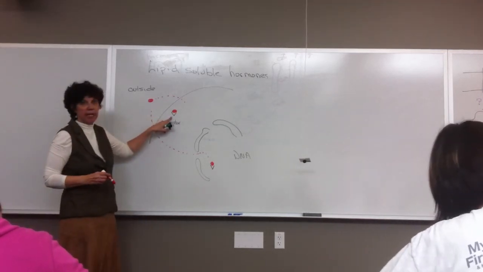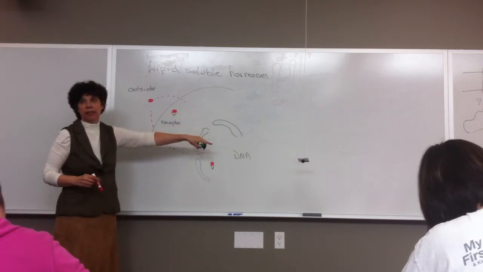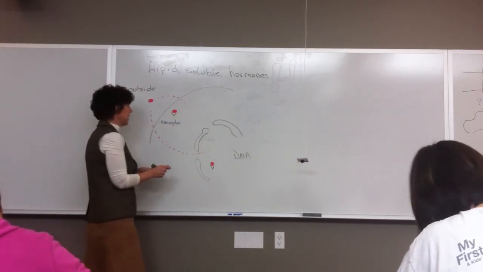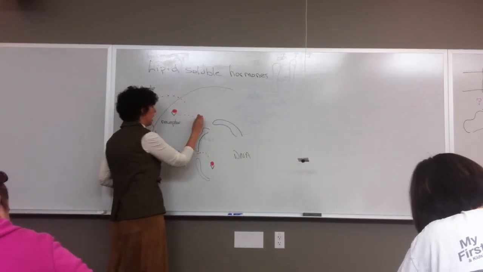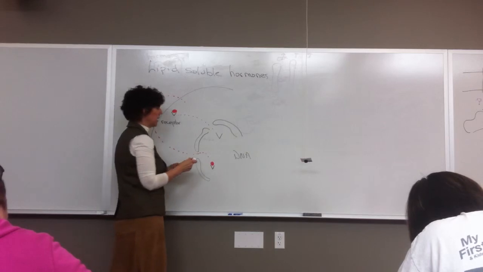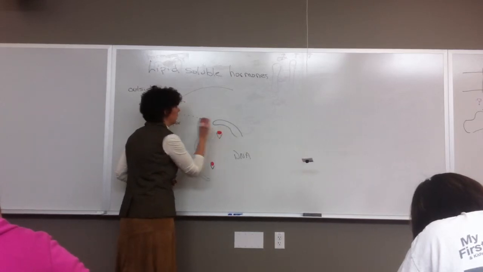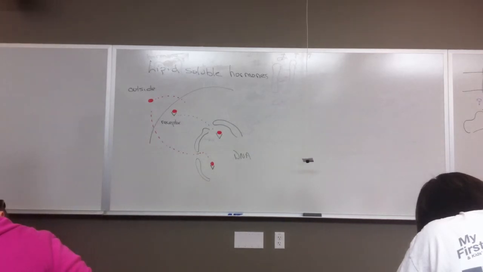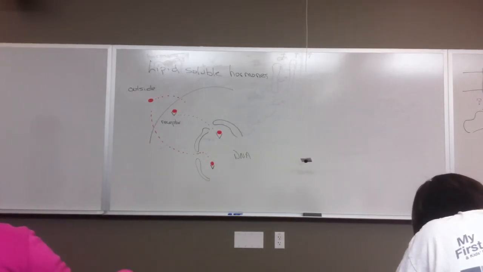Even the receptor out here is going to move into the nucleus. All right? So even if the receptor stays outside in the cytoplasm, once it binds to the lipid-soluble hormone, it will still move into the nucleus. Because that's the key difference between lipid-soluble hormones and non-lipid-soluble hormones, they affect DNA.